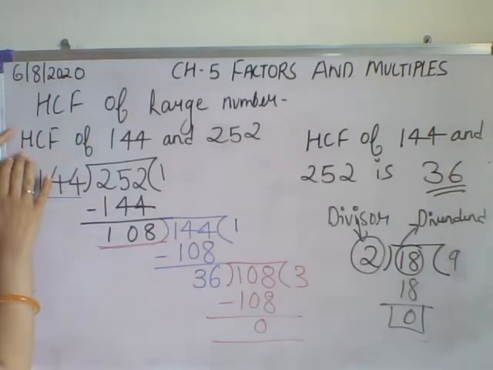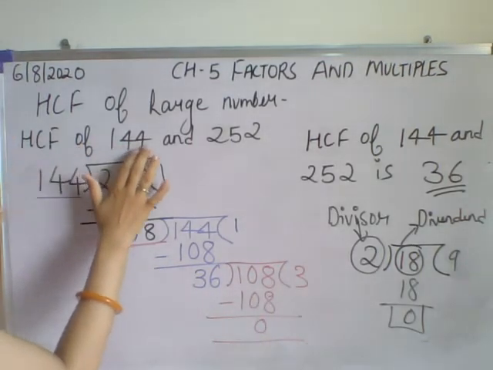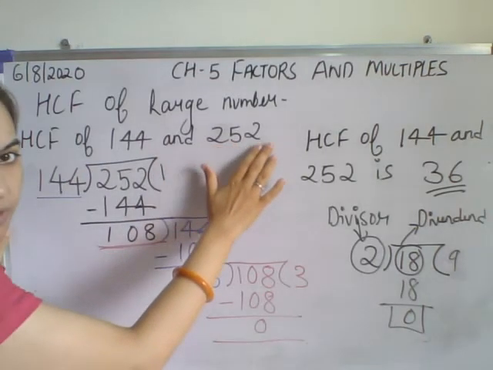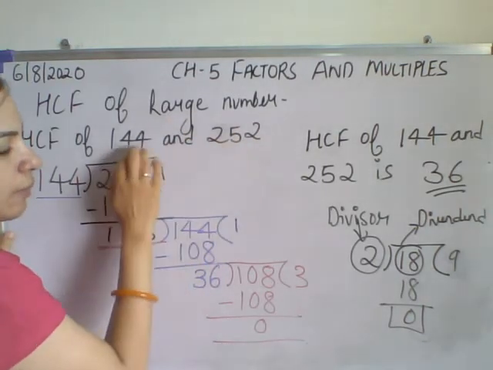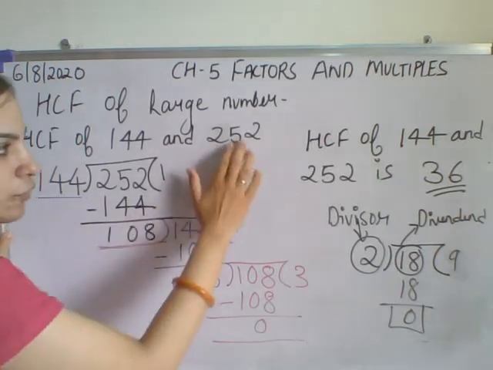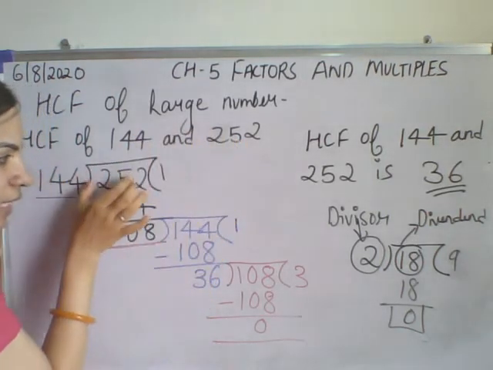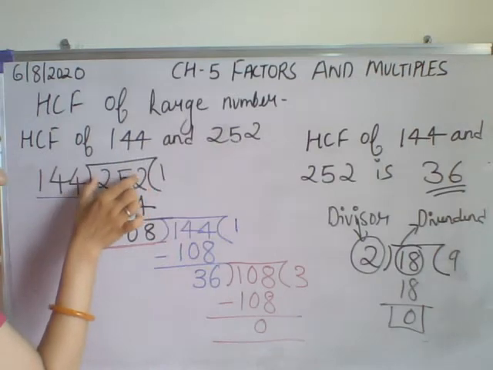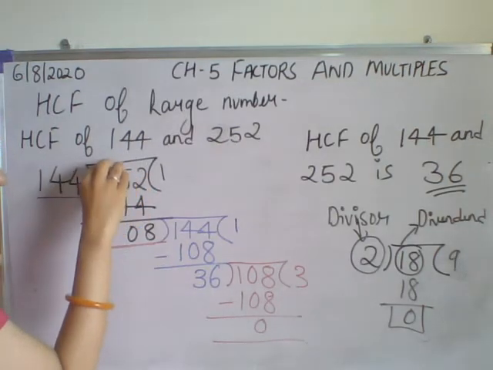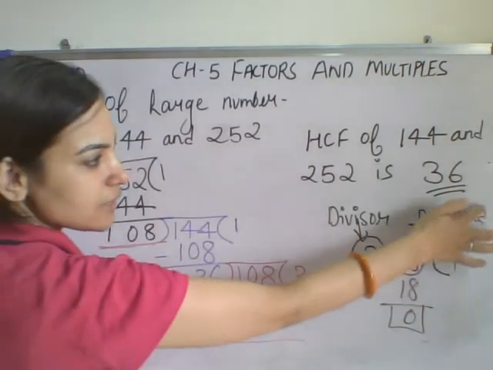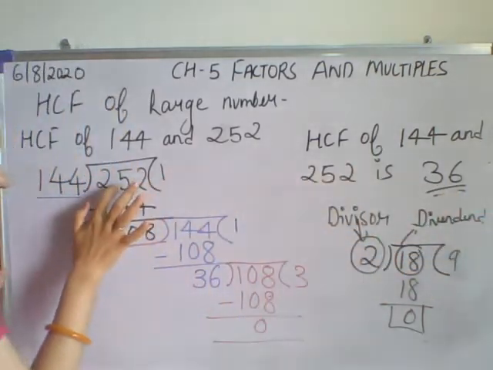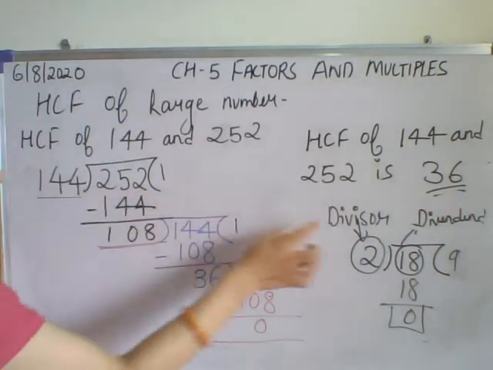You have to find the HCF of 144 and 252. Look at these two numbers. 252 is greater. So the greater number you have to write inside the bracket. So this 252 you can say is the dividend, and 144 is the divisor.